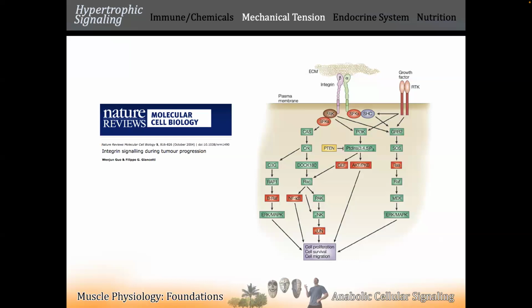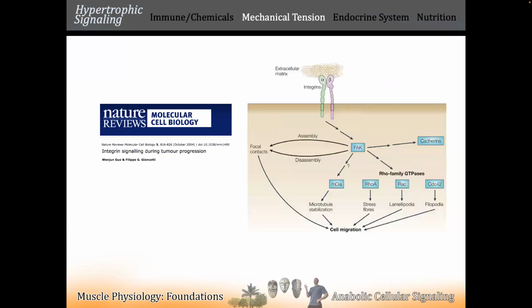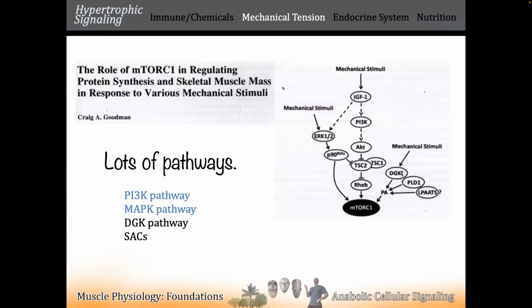And the far left, MAPK, you see on both, but in the middle there, you see PI3K, PKB, mTOR signaling. And focal adhesion kinase is also a hub for integrin cadherin crosstalk. So there are lots of ways that mechanical loading will induce hypertrophy.